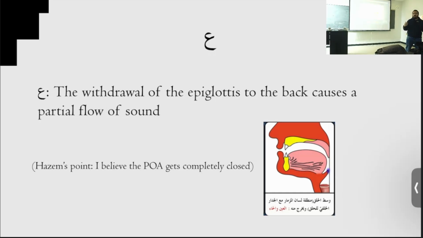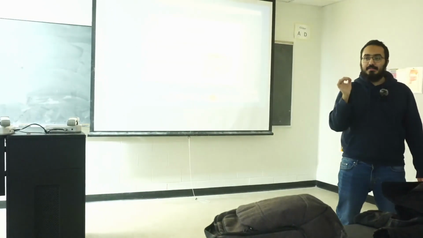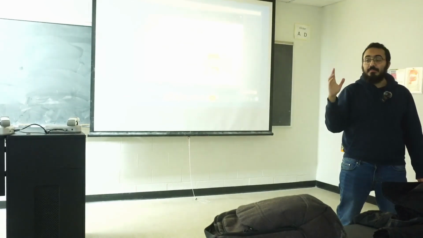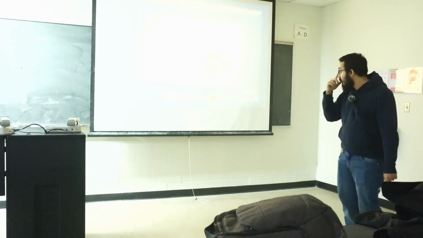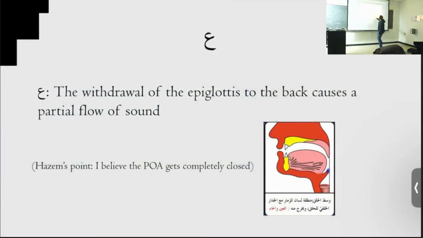You can fake it. You can say ah, but you're not withdrawing your epiglottis fully. Ya'malun. You cannot say ya. You can, but that's faking it, right? So the withdrawal of the epiglottis to the back of the tongue creates that partial flow sound.